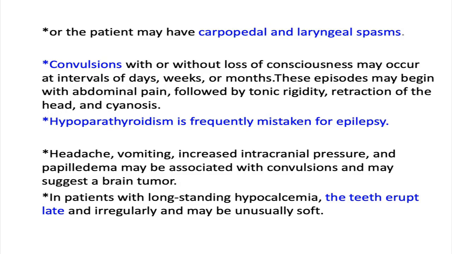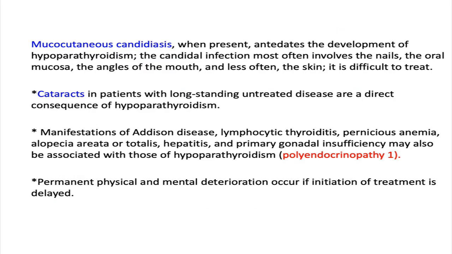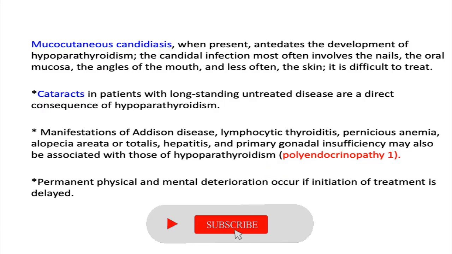In patients with long-standing hypocalcemia, the teeth erupt late and irregularly and may be unusually soft. Mucocutaneous candidiasis, when present, antedates the development of hypoparathyroidism. This candidal infection most often involves the nails, the oral mucosa, and the angle of the mouth, and less often the skin.